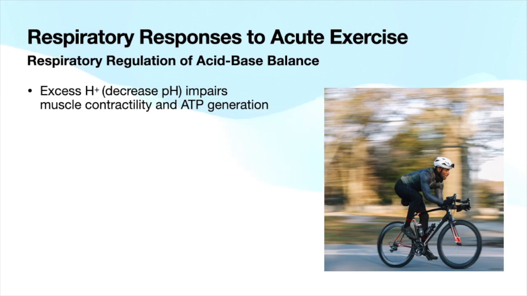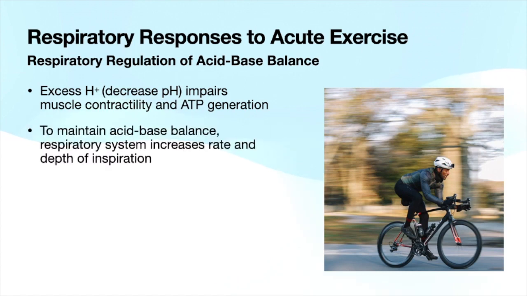If lactic acid remains in the muscle, pH level decreases and it becomes more acidic. And if our muscle is acidic, it impairs muscle contractility, and also ATP generation. So to maintain acid-base balance, the respiratory system increases rate and depth of inspiration.